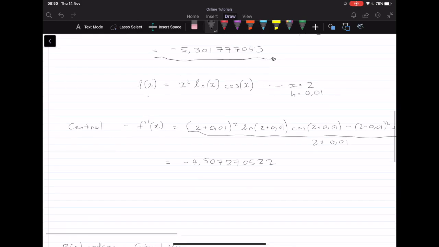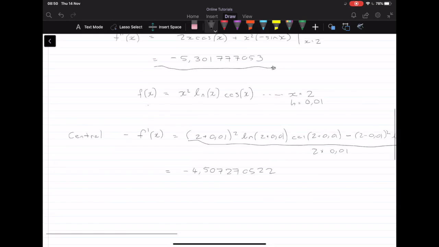Then I plugged that function into some software and got the actual derivative analytically as well, and the analytical solution is minus 4.507205497. Yet again we have about 4 decimal places of accuracy.